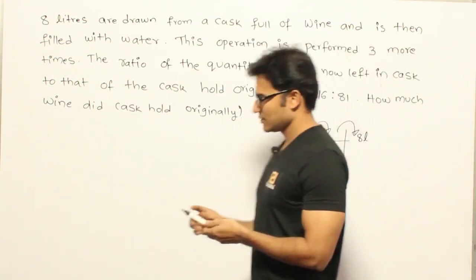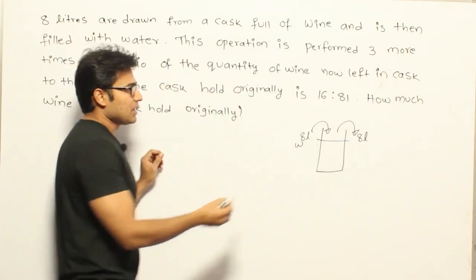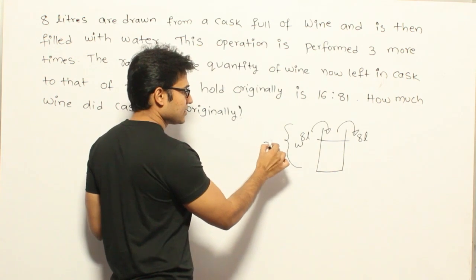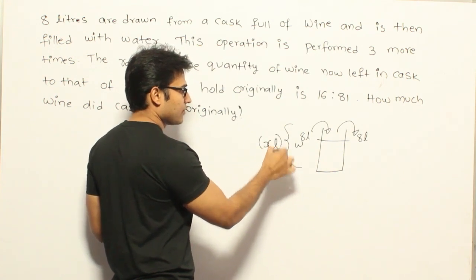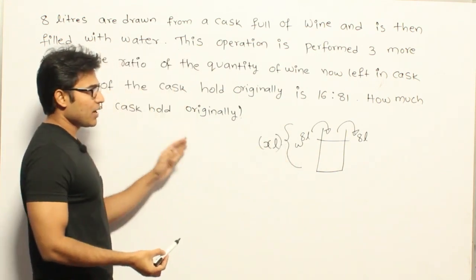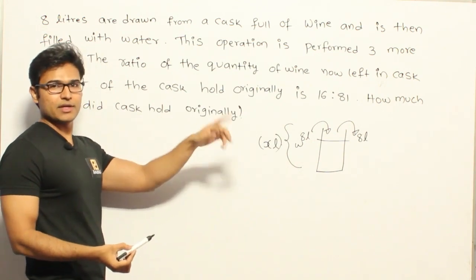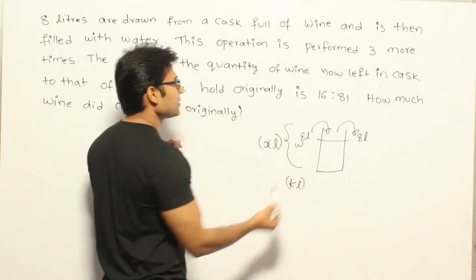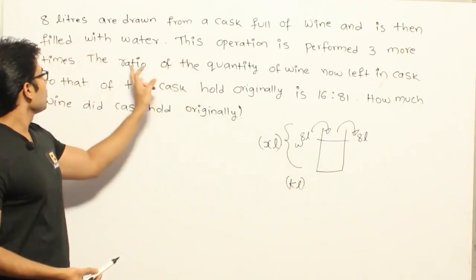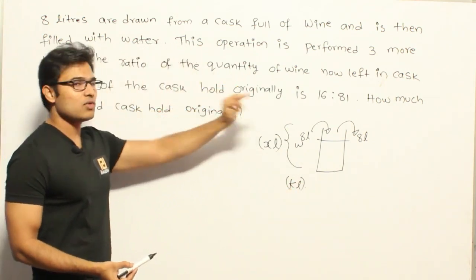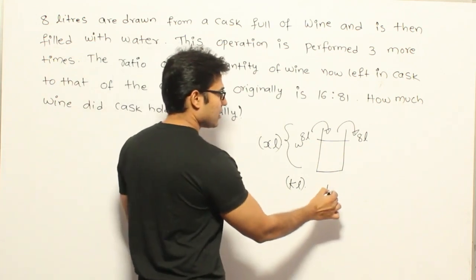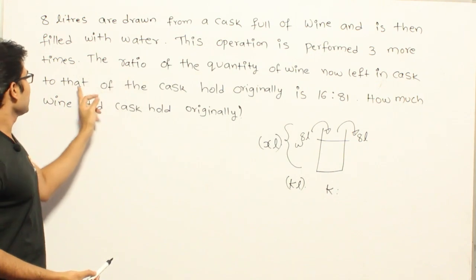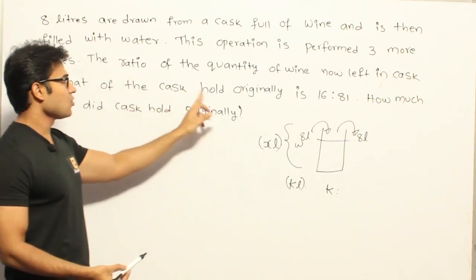So they are saying this. If you assume that the total amount of wine present initially is x liters, and the total amount of wine remaining later by the end is, let us say, k liters. Now they are saying this. The ratio of the quantity of wine now left in the cask, which means k, to that of the cask hold originally.